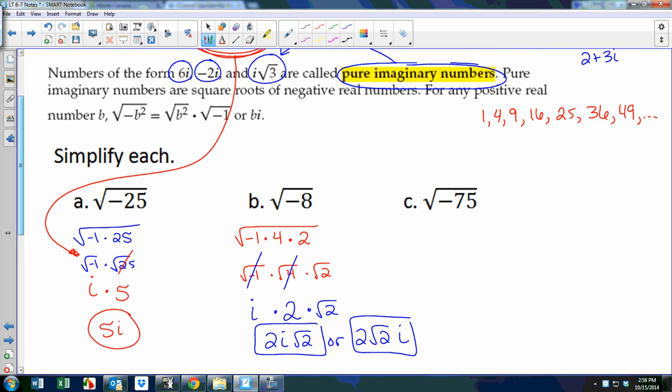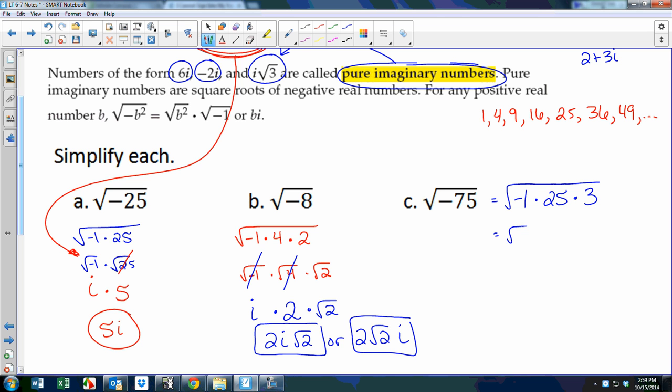All right, last example, C, the square root of negative 75 can be rewritten as, poke the i out, the square root of negative 1 times, let's see, what goes into 75? 75 is not a perfect square, but what goes into it that is a perfect square? That would be 25, and the leftover 3.